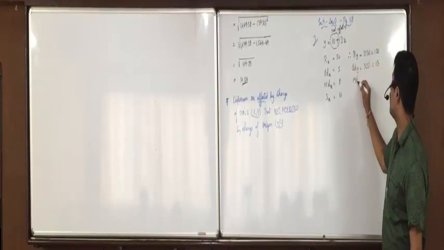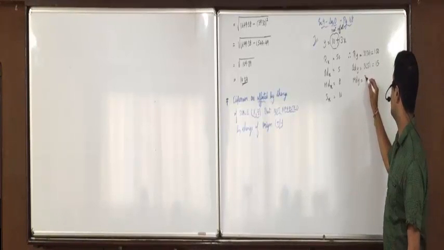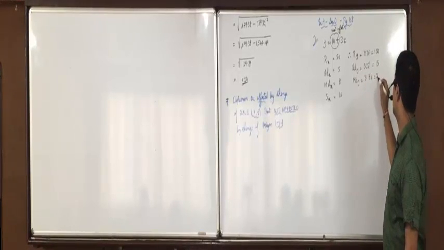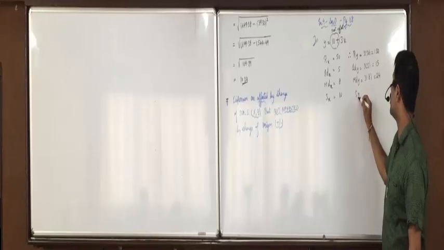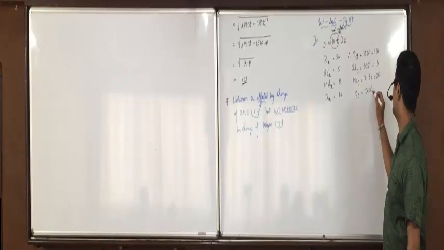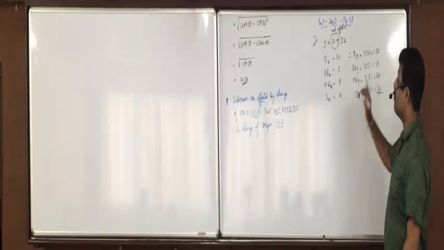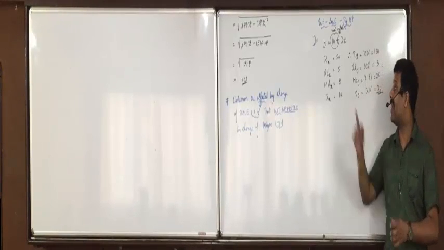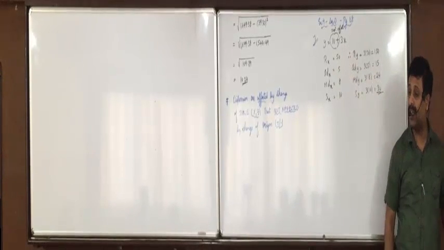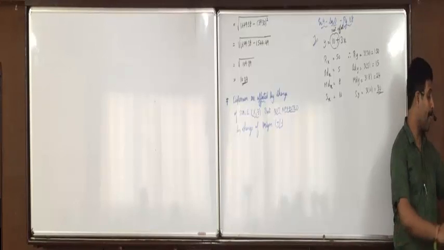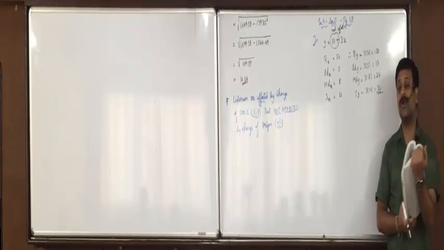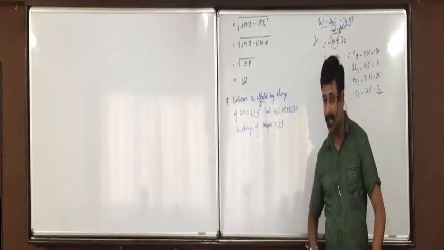Mean deviation of y will be 3 into 8, 24. And standard deviation of y will be 3 into 10, 30. The plus will not make any difference, but multiplying with 3, all dispersions will get multiplied with 3.